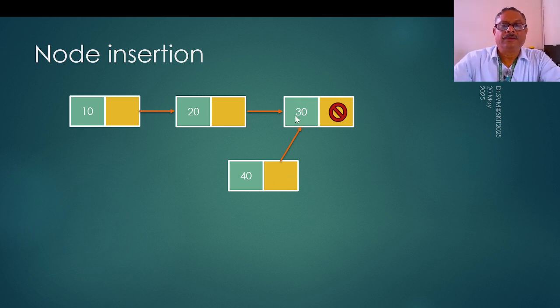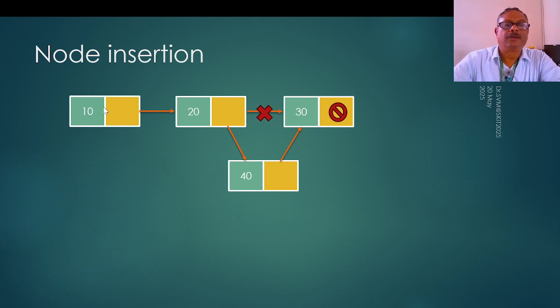And once this link is created, then we create this link. That means the address of this node is now written here. So once the address of this node is written here, the address of this node no more exists here, and hence there won't be any more link from this node to this node.